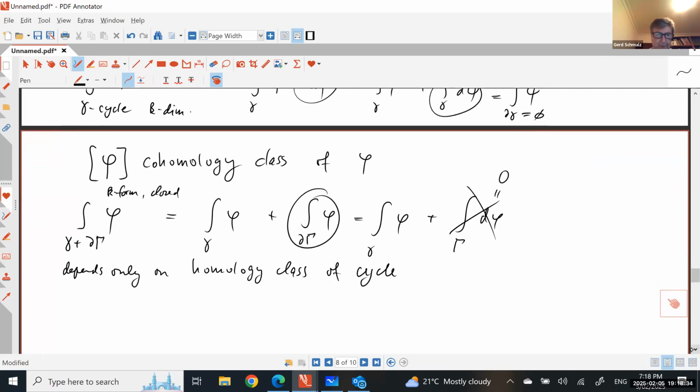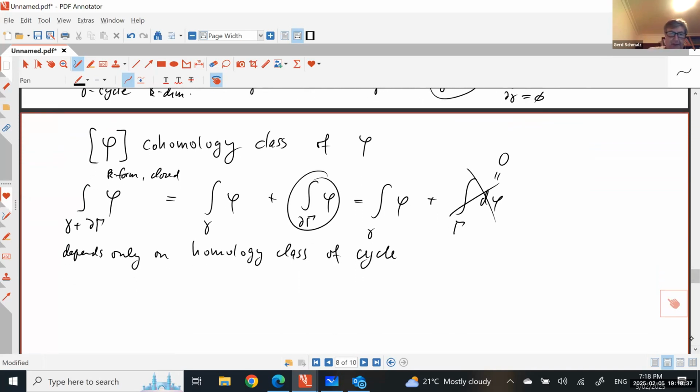Therefore, our integral is actually a mapping from the de Rham cohomology of our manifold and the Čech homology into the real numbers. It's linear in both, a bilinear mapping, which takes a representative from a cohomology class, which is a closed form.